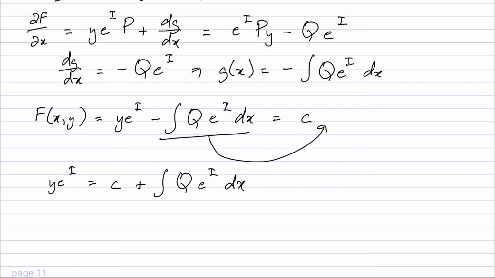So in other words, y is equal to c e raised to power minus I plus e raised to power minus I times the integral of q e raised to power I dx. Exactly the same as before. And again, remember you have one constant that you need to figure out, because it's a linear first order differential equation.